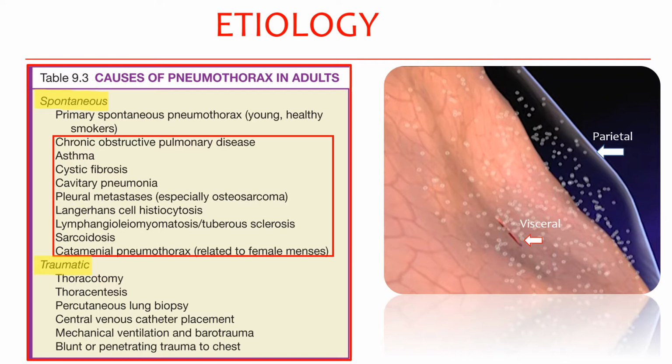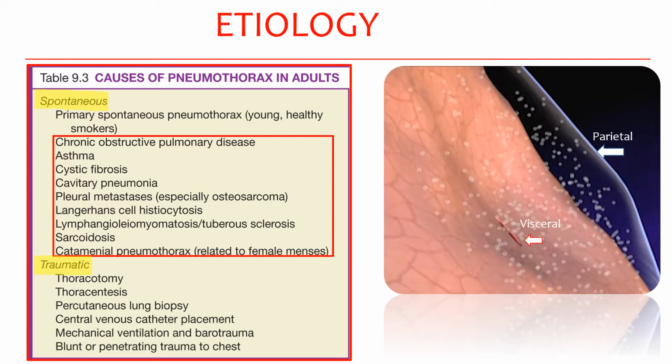And around 5% of ventilated patients and ARDS patients develop pneumothorax, and similarly 5% of central line placements can be complicated by pneumothorax. Therefore, the use of ultrasound is advised to reduce the incidence of pneumothorax when placing a central line.